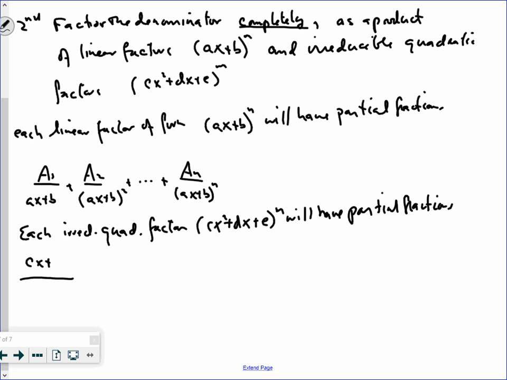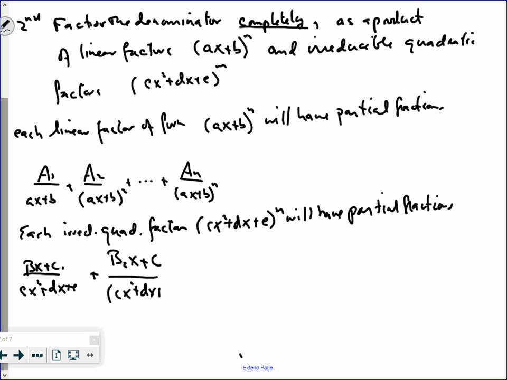Let's use capital letters: B1x plus C1 over cx squared plus dx plus e, plus B2x plus C2 over cx squared plus dx plus e squared, plus dot dot dot plus B sub m x plus C sub m over that irreducible quadratic cx squared plus dx plus e to the m power. The board's out of alignment here.